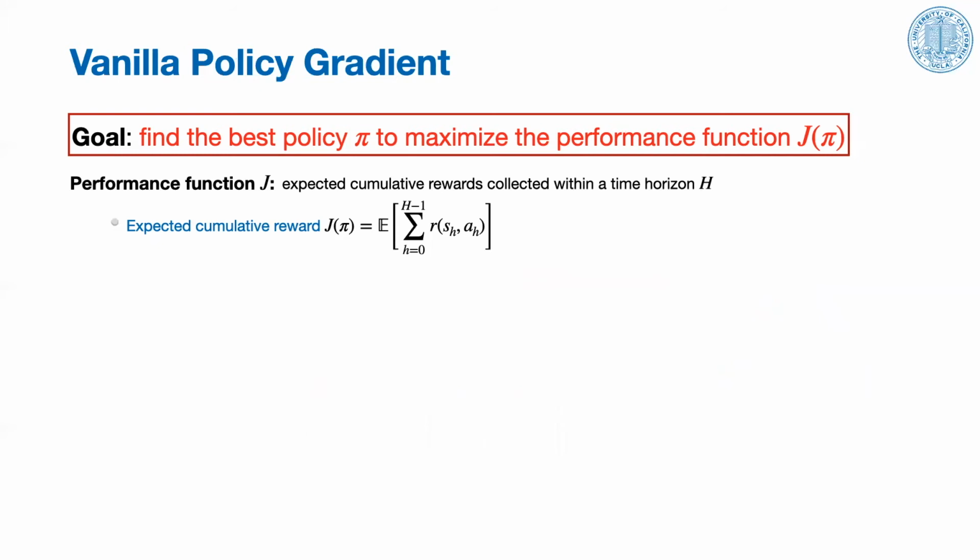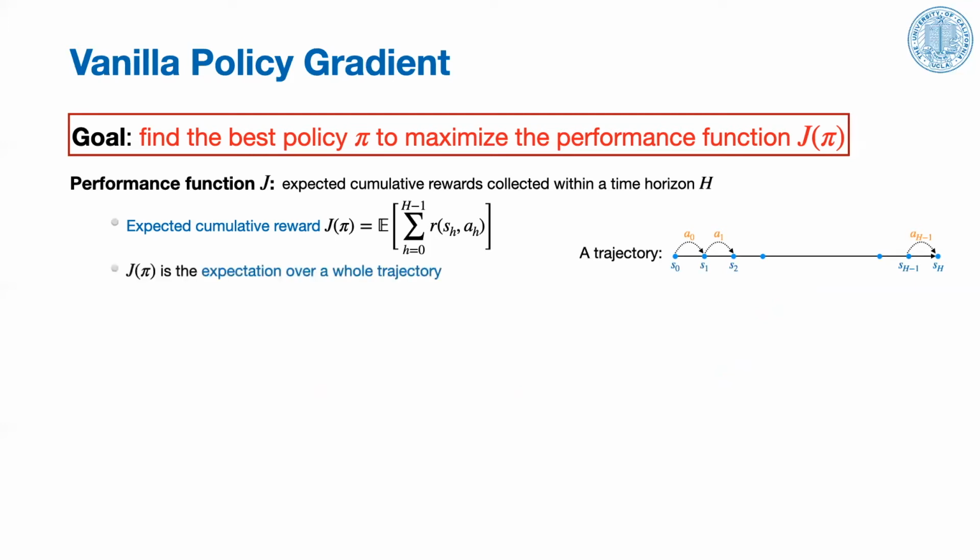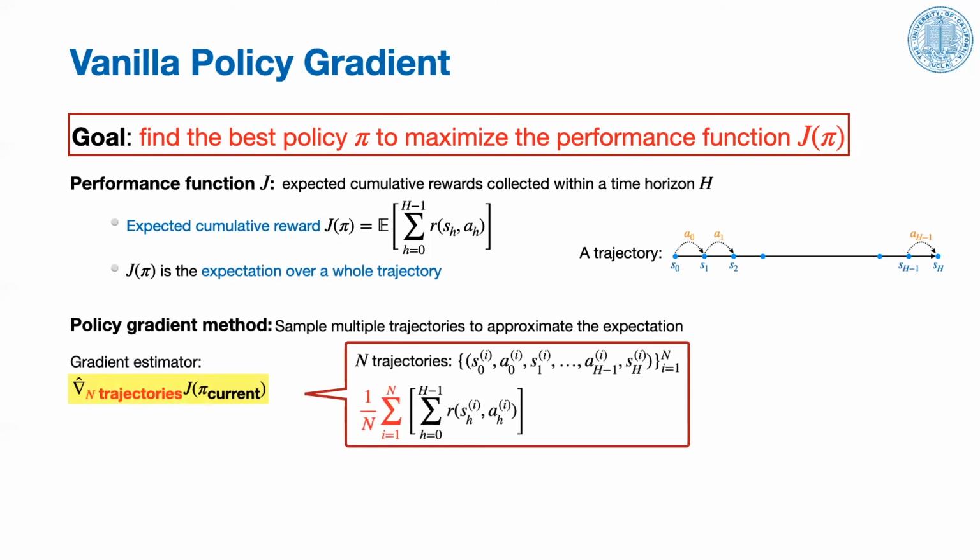Let's denote the sequence of state, action, state as a trajectory. By definition, J is the expectation of the overall reward on this trajectory. In order to estimate the gradient of J, vanilla policy gradient methods generate multiple trajectories, then use the average of the empirical cumulative reward as a gradient estimator to update the policy.